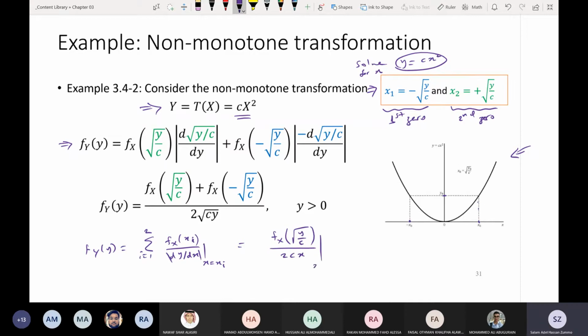Evaluated at x equal x1, plus the same, however now we have the second zero, divided by 2cx evaluated at x equal x2.